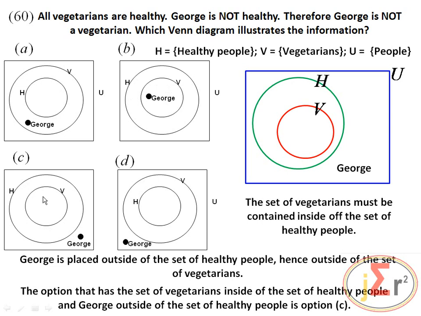But we need George to be outside of the set of healthy people. So he will be outside, not inside of the set of vegetarians. He will be outside of the set of healthy people, and hence outside of the set of vegetarians. So the correct answer is option C.